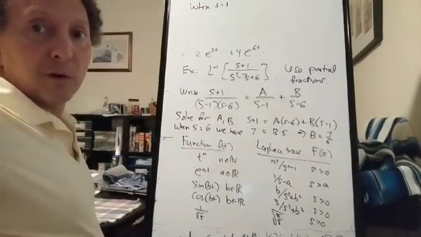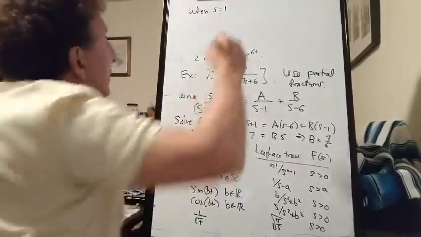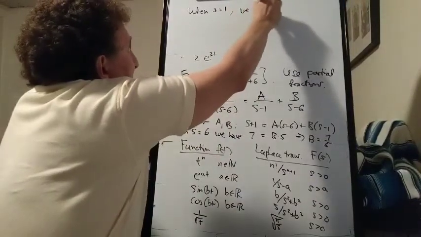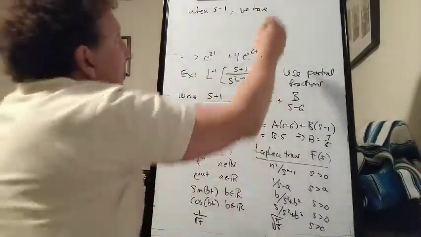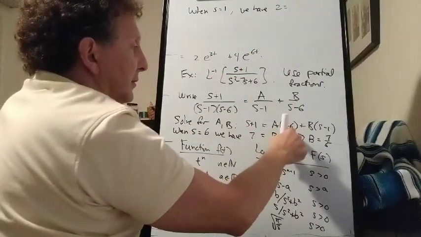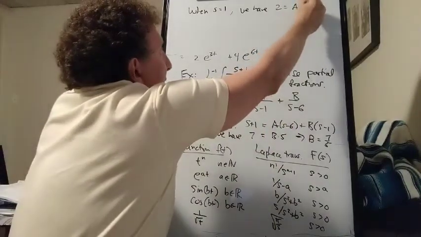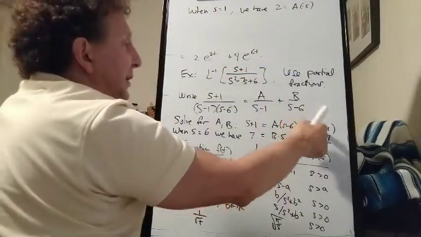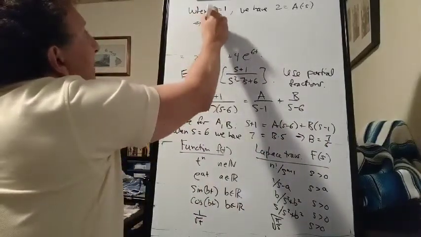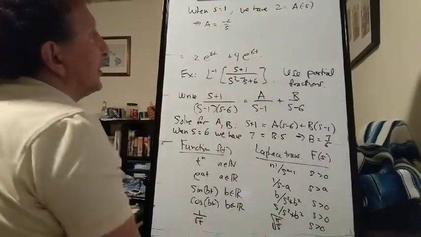When s equals 1, we have 2 equals a times 1 minus 6, a times negative 5, plus b times 0. So the b drops out. So that means that a equals negative 2/5 if we divide both sides by negative 5.